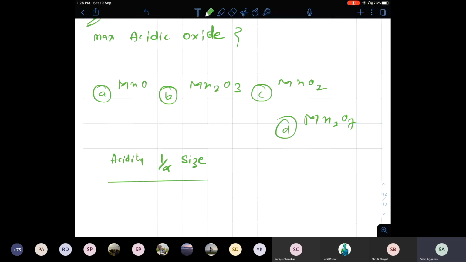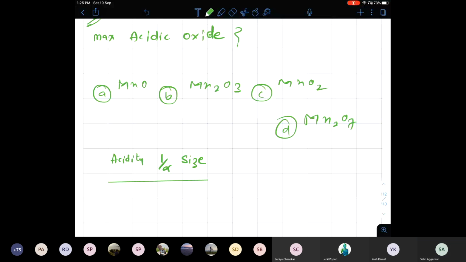Are more non-metallic. Yes, can you speak up? So in MnO, this manganese has the least number of electrons?